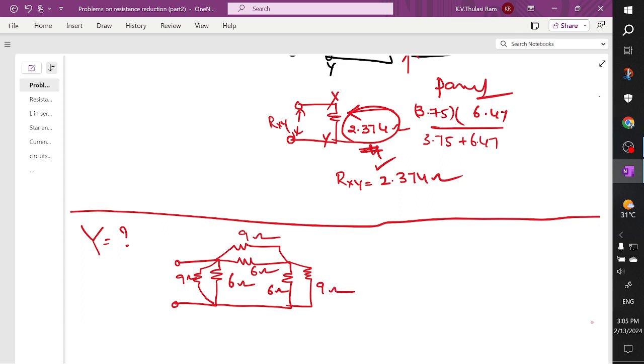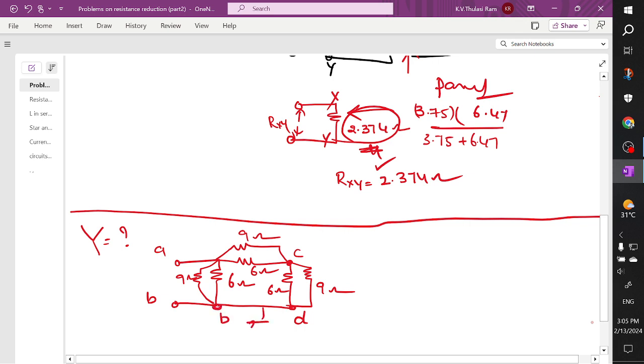He is asking about A, B, this node is given as C and this node is given as D. And you can see here that B, D are all the same, connected with grounding.